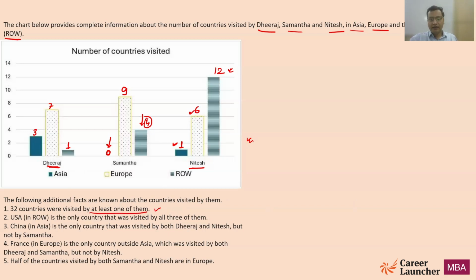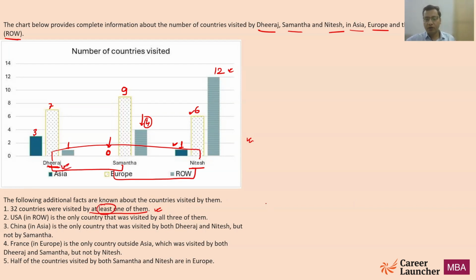So it says at least one of them, which means either only Dheeraj, only Samantha, or only Nitesh must have traveled to these countries, or a combination of Dheeraj and Samantha, Samantha and Nitesh, or Dheeraj and Nitesh. And also all 3, because it says at least one of them.